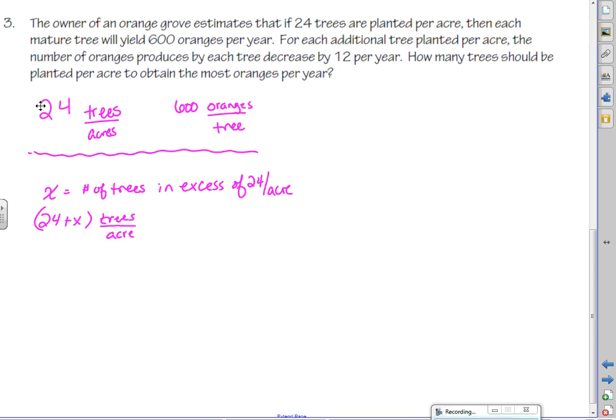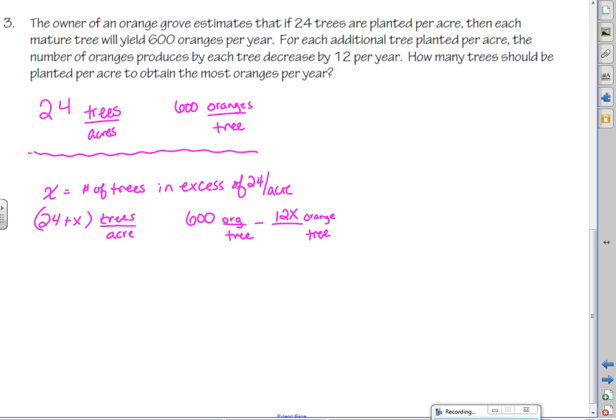And the yield that is associated with that number of trees is going to be 600 oranges per tree minus 12 times X, 12 times the number of trees that we have exceeded the 24, and that'll be oranges per tree.